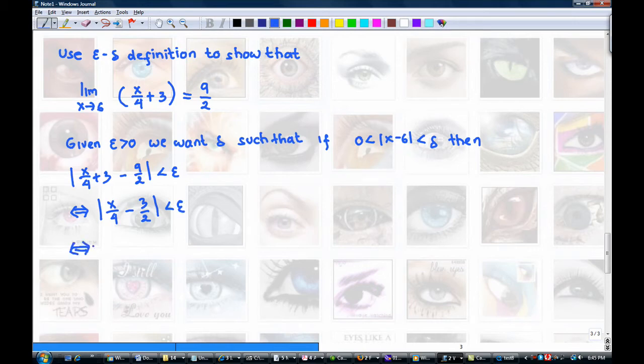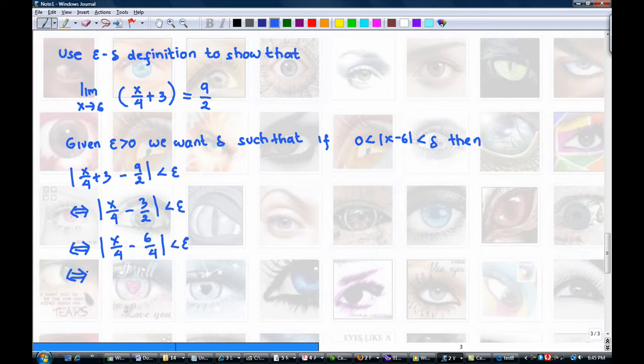So remember that this delta has to do with x minus 6. So we expect this expression appears here. Okay, so how to make this expression appear? So we can see here x, and that's 3. Okay, we can write this as x over 4 minus 6/4. Okay, this is an equivalent statement.